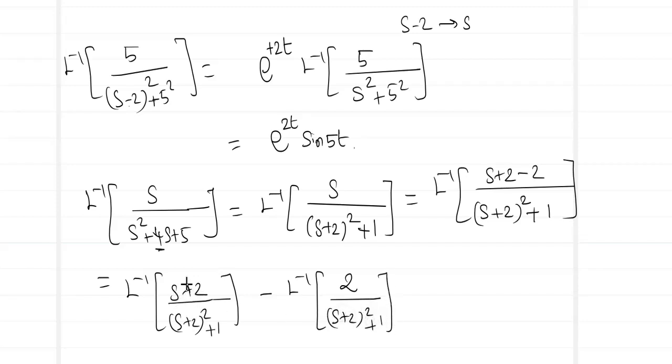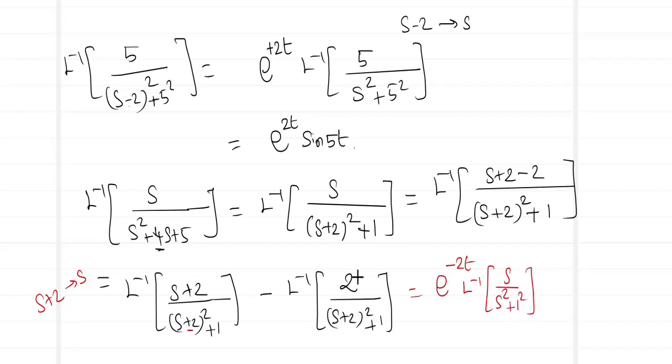Now, I know the process that whenever s is in the expanded format, I can shrink it back. So I shrink s plus 2 to s. How do I shrink it? I pull out e to the power of, since it is plus, that comes out as minus 2t, leaving you with Laplace inverse of s by s square plus 1 square.